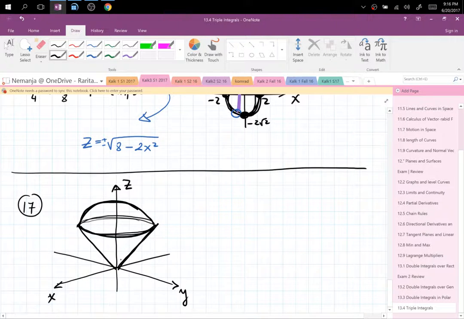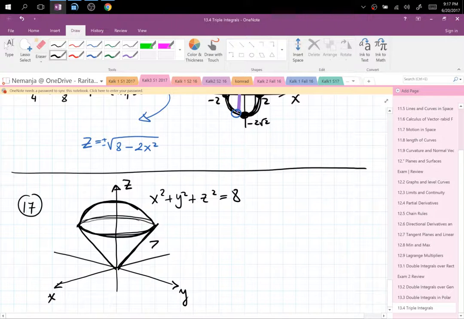So we have a cone. You have ice cream, okay? You see the spherical ball of ice cream on top, right? And you see a cone. Except it's exaggerated, right? So the equation for the ice cream part is x squared plus y squared plus z squared equals 8.